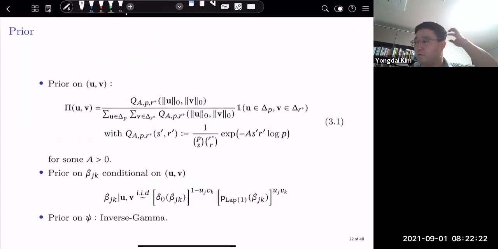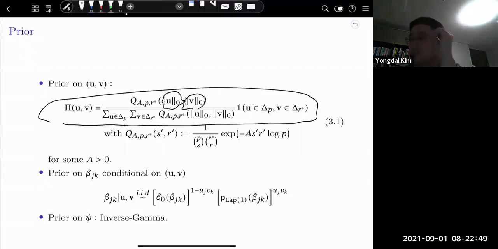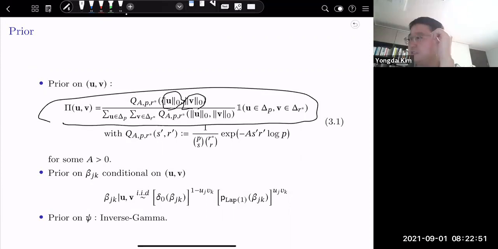And we propose the following prior, which is specially invented to make the posterior distribution have nice asymptotic properties. One interesting feature of this prior is that it only depends on the number of non-zero row vectors and the number of non-zero column vectors, but they are not independent.